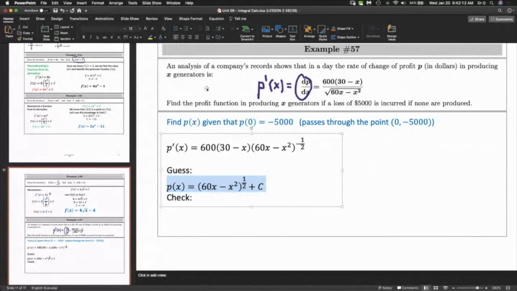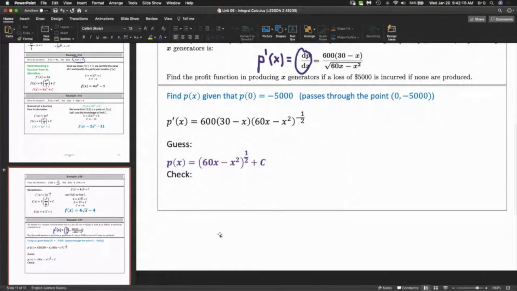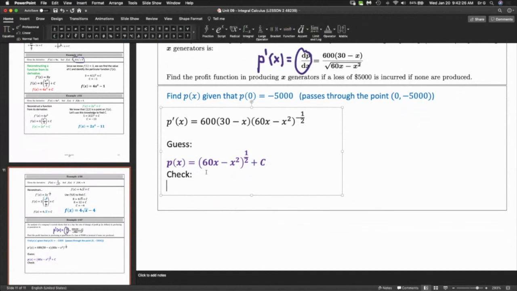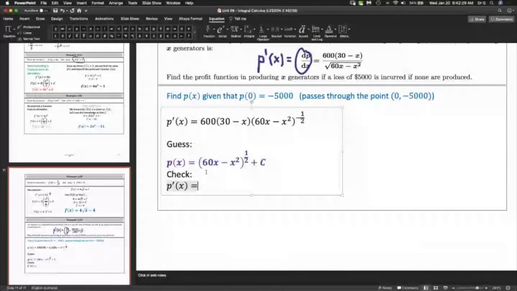And I'll put it in purple, and I'll make it bold, and that's what we're trying to do. So let's take the derivative of this and see if our guess is perfect, or at least if it's in the right area code. So if we do the derivative, we got this. So this is 60x minus x squared. And then we have here negative a half.